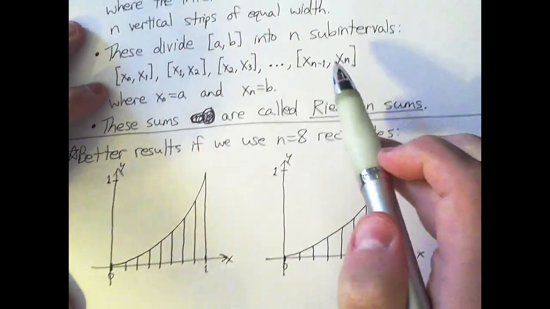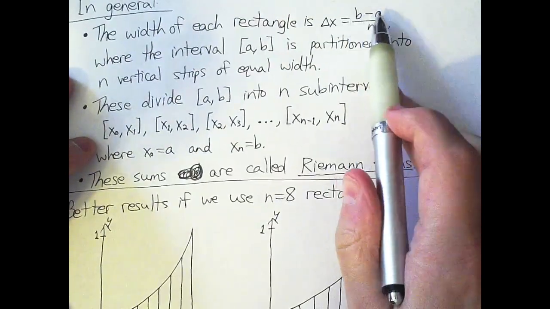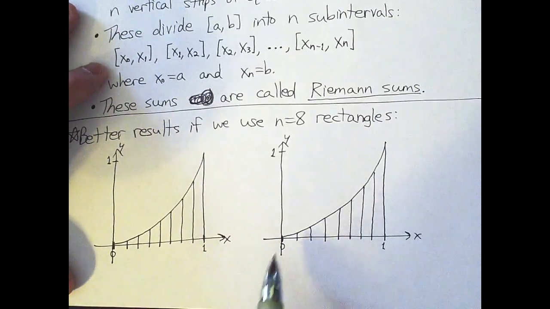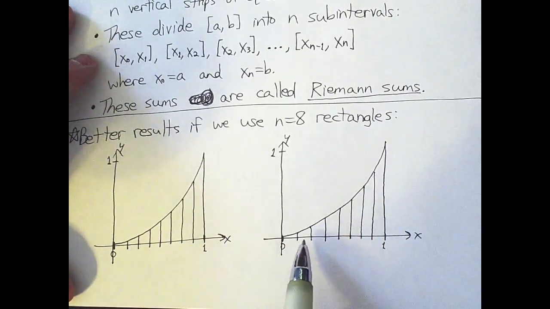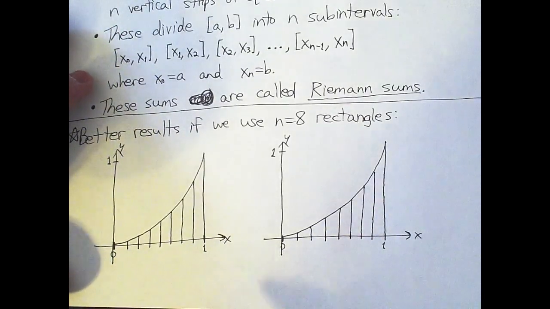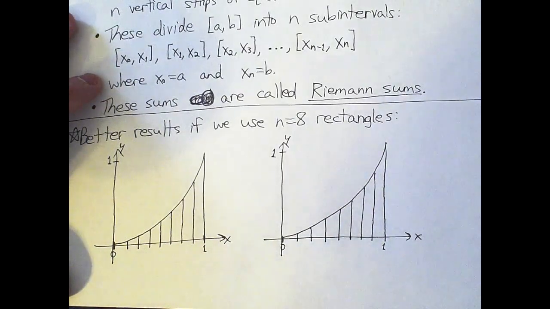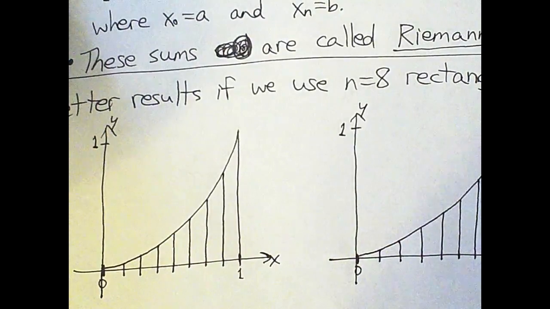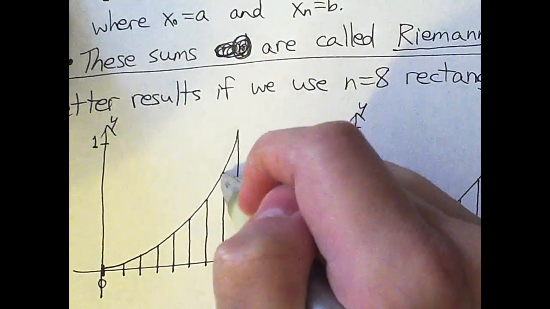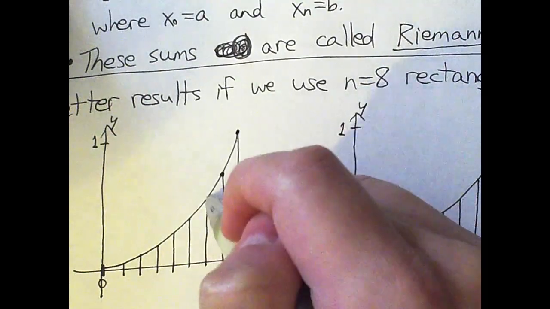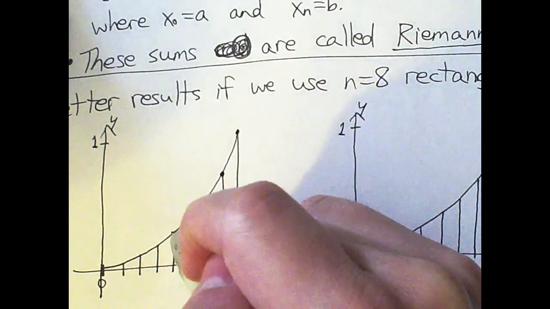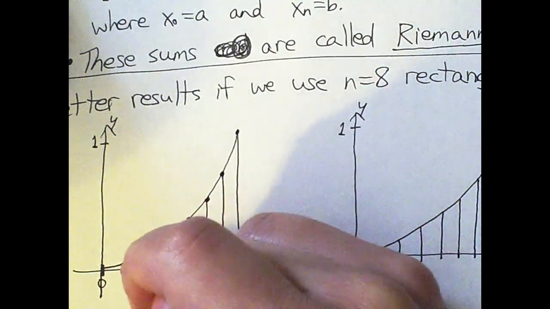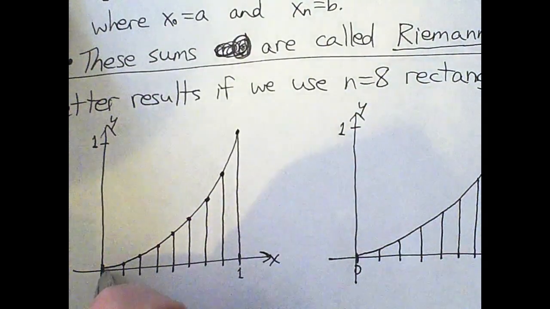You could also get that from that little formula. B minus A over N would tell you that the width of each one of these, the delta X, would be 1/8. So how should we chop these up into rectangles? Well, let's do the R and the L version of it. So we would take the upper right endpoints and make them touch the curve and make those the tops of the rectangles. So it would look like this.